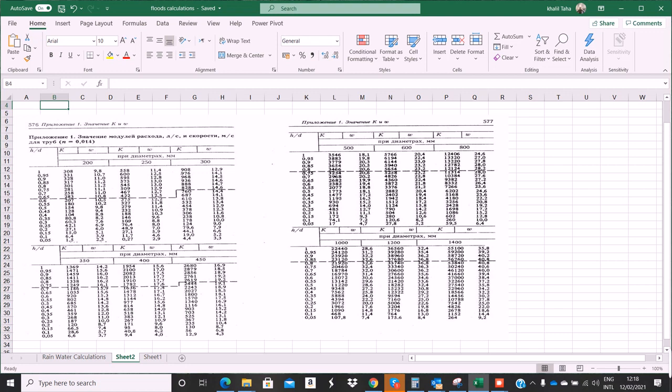It is h, the height of the water within the pipe, divided by the diameter of the pipe. It will be between 35 percent and 40 percent.